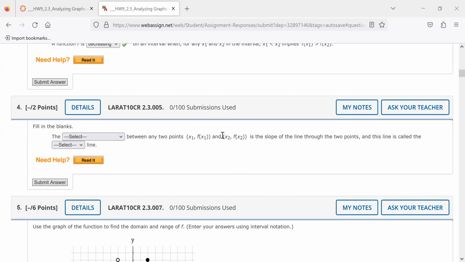So finding the slope using this notation is also the average rate of change. So the slope through those 2 points is the average rate of change.